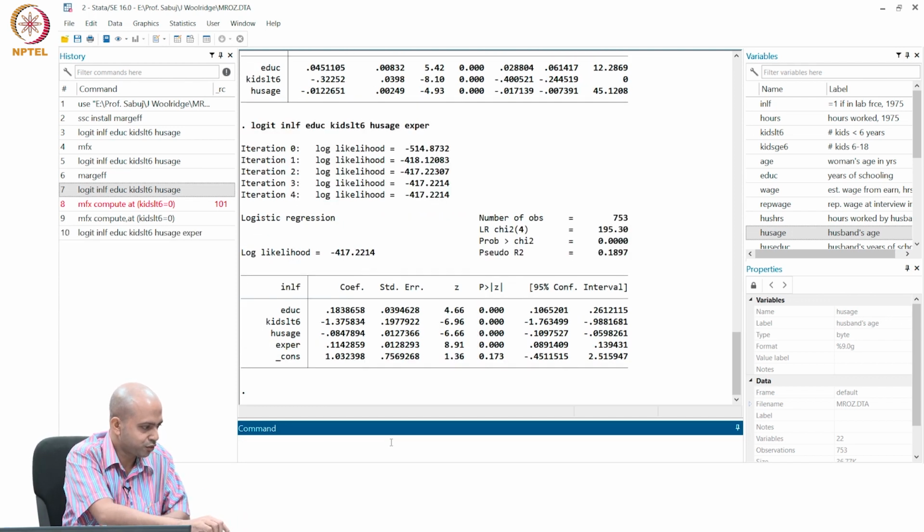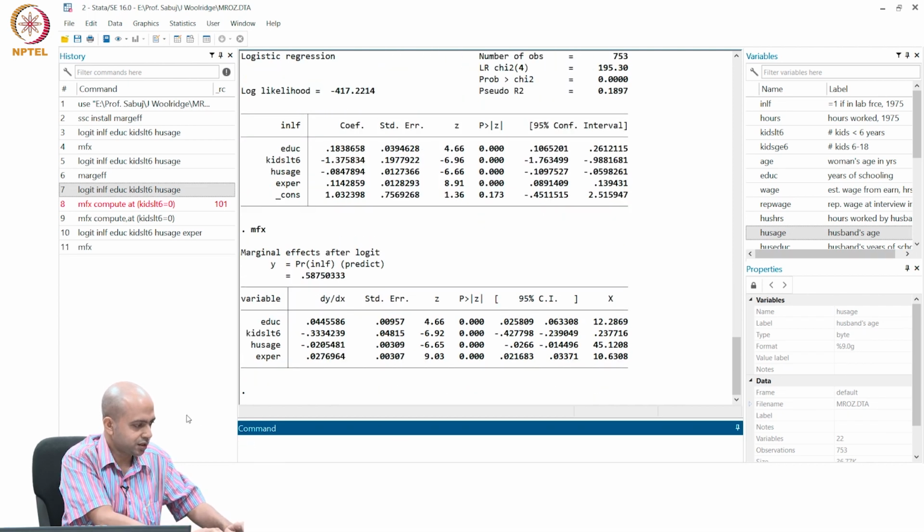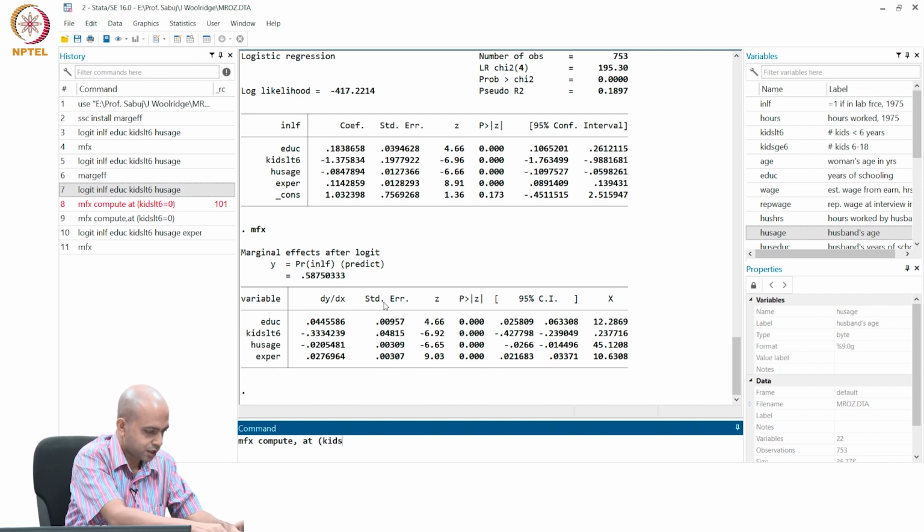This is the model, and then you calculate mfx, then this is 0.33, and now you put mfx compute, what is the command I put? At, in the bracket, kids lt 6 equals to 0.